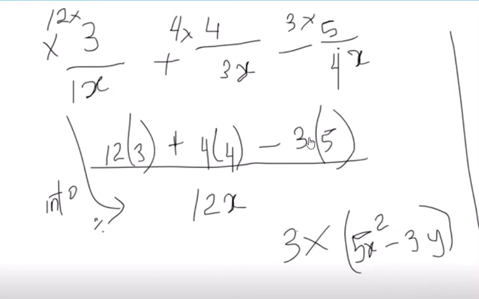Then when we say 4 into 12 is 3, it would be 3 multiplied by whatever our numerator is. So let's say our numerator was 5x squared minus 3y, then it will be 3 multiplied by this entire bracket here, 5x squared minus 3y.